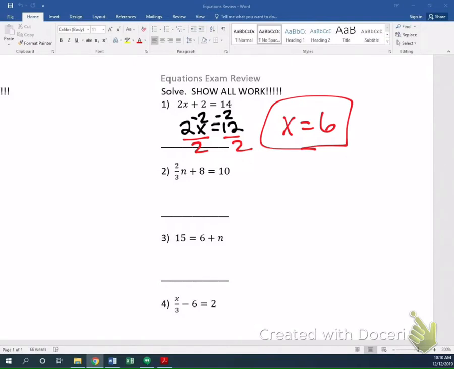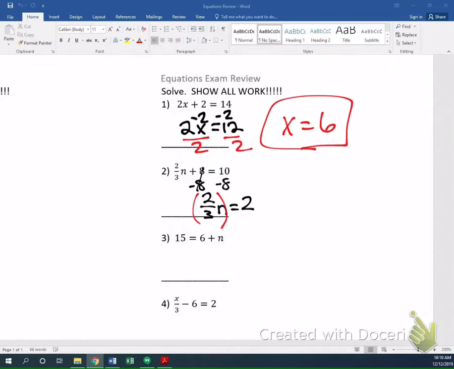Number 2. This one has a fraction, which gave people some grief when we took this quiz last week. What should I do? You multiply by the reciprocal, but not yet. First, we have to move the +8. Subtract 8 from both sides. So 2/3 n equals 2.